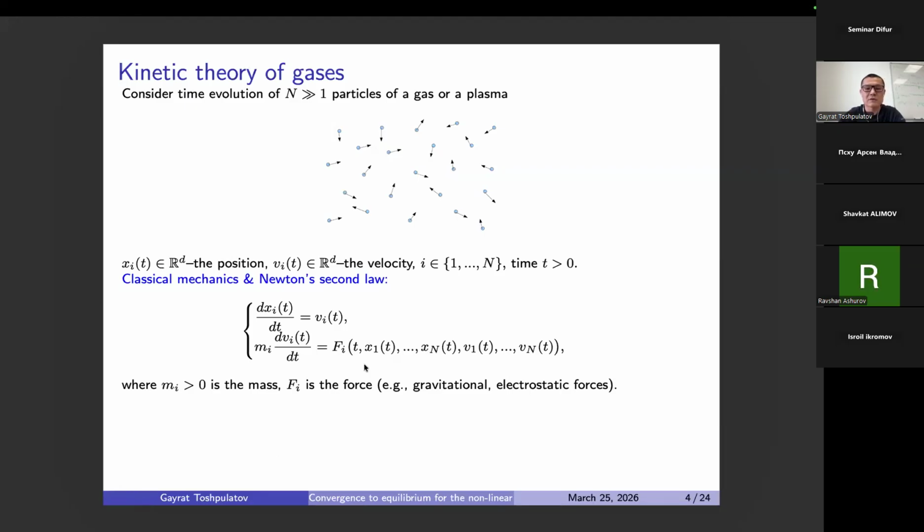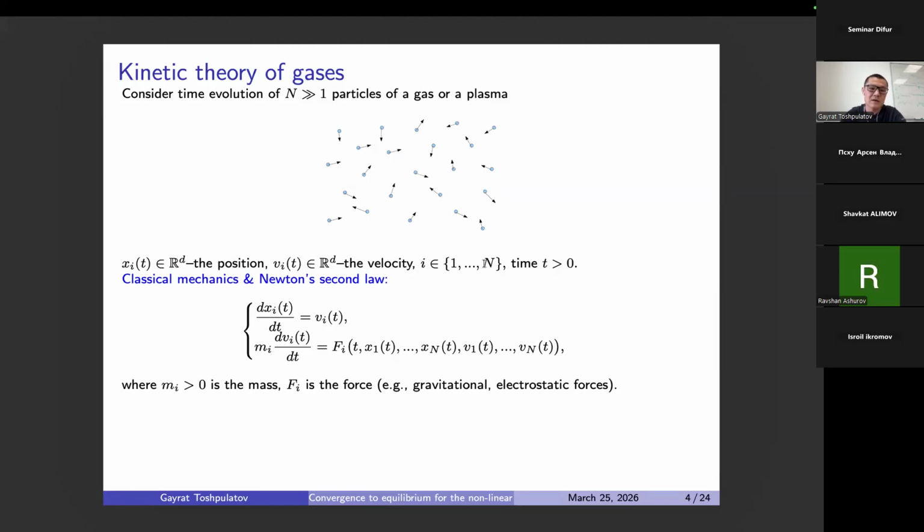This force can depend on the position and velocities of the other particles. For example, this force can be gravitational, or if the particles are charged, we can also take into account the electrostatic forces.